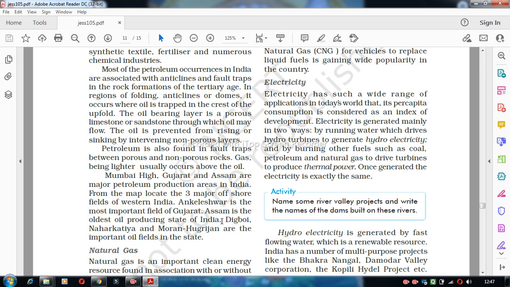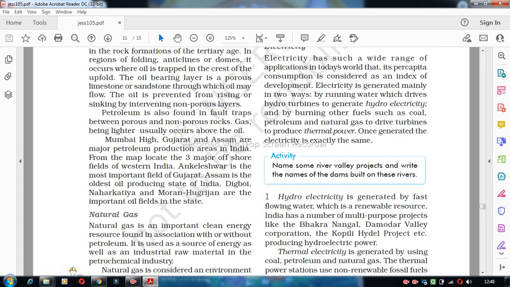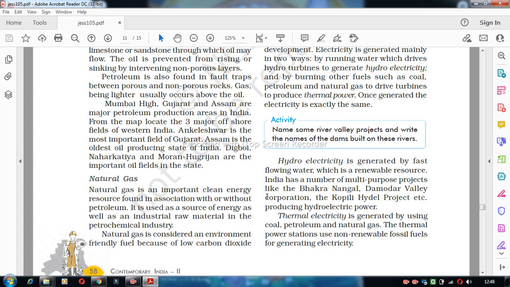Electricity is generated mainly in two ways: running water drives the hydro turbines to generate hydroelectricity, and the other is by burning fuels such as coal, petroleum and natural gas to drive the turbine to produce thermal power. So we have two types of electricity generation. Hydroelectricity is generated by fast flowing water, which is a renewable resource.